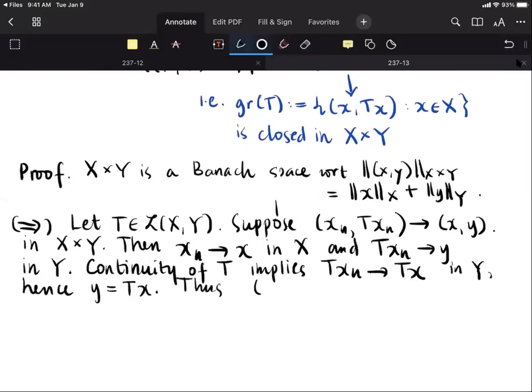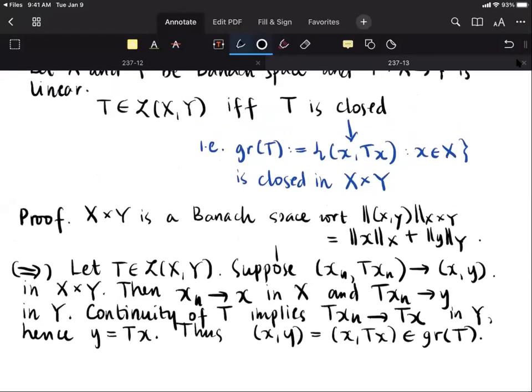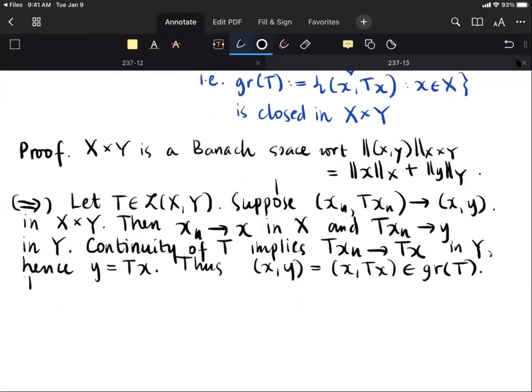Thus, we can say that (x, y) is equal to (x, Tx), and this is in the graph of T. So therefore, the graph of T is closed in X cross Y. And we established one direction.